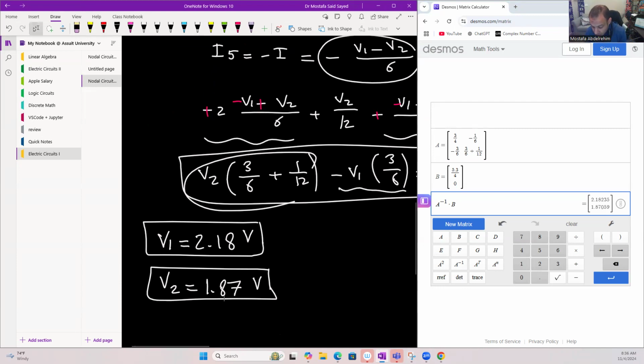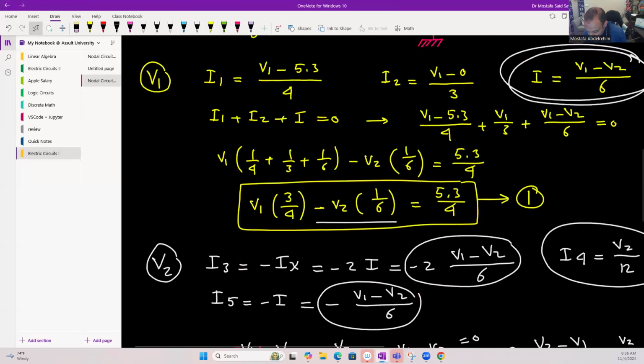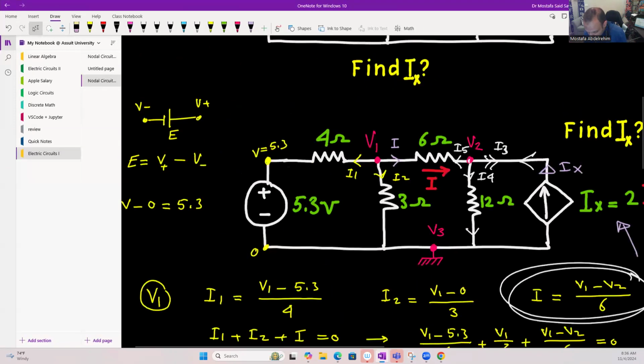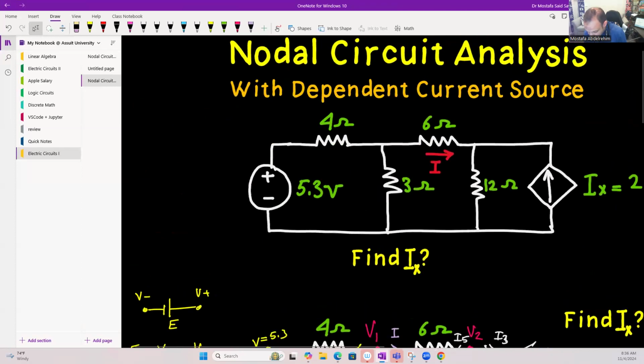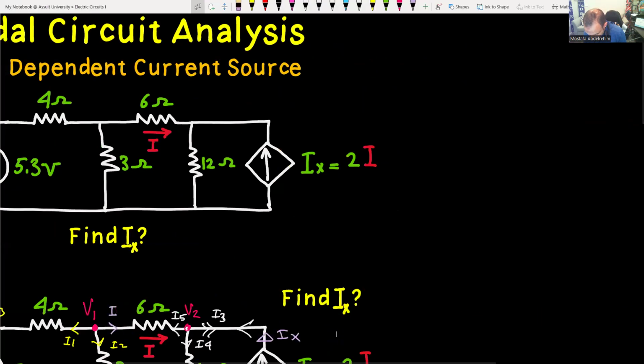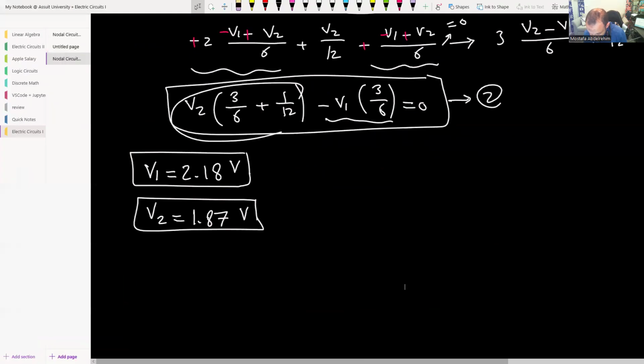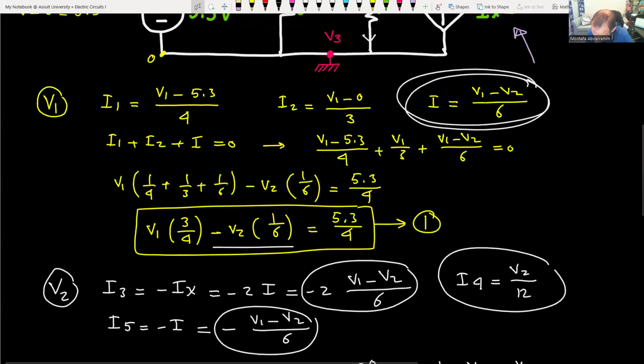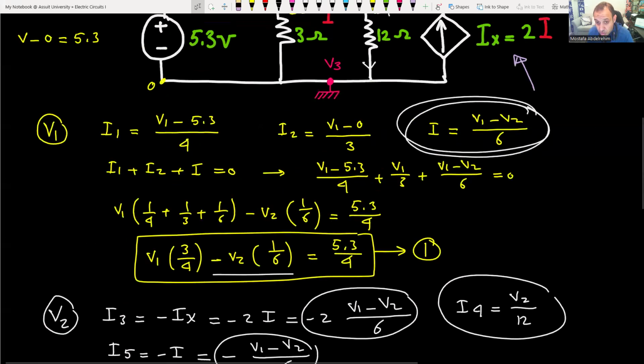Remember, we didn't finish, because the question was to find Ix, which is 2I. Ix is the current produced by the dependent current source here, and it's equal to 2I. We know I is equal to V1 minus V2 over 6.